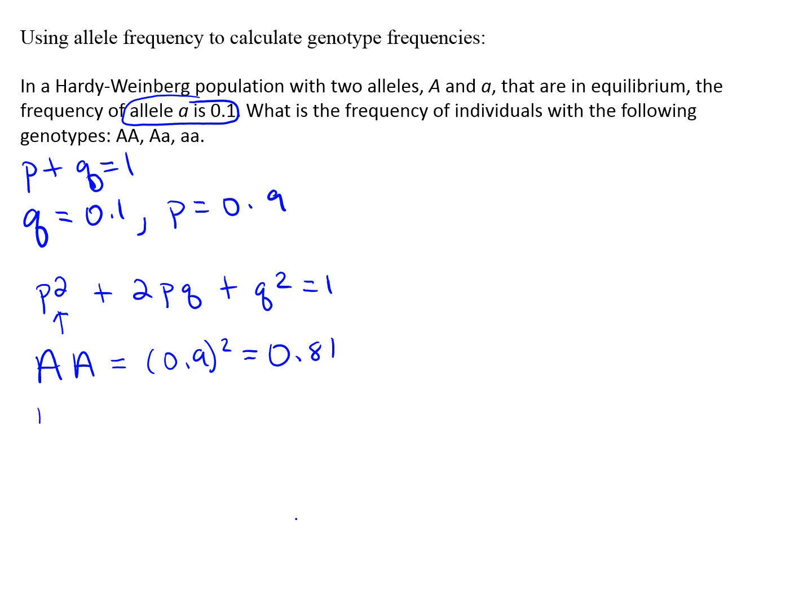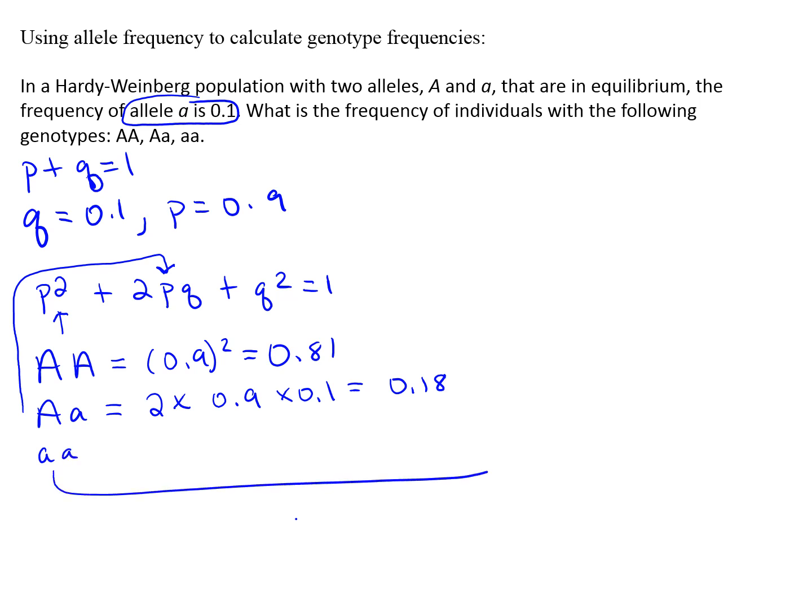The heterozygotes, that relates to this portion here, the 2PQ. So to calculate the frequency of heterozygotes, we would have to say 2 times 0.9 times 0.1, and that should give us 0.18. Then lastly, to calculate the frequency of the homozygous recessive individuals, which is our Q squared, we're just going to take our value of Q, which is 0.1, and we square it, and that would give us 0.01.